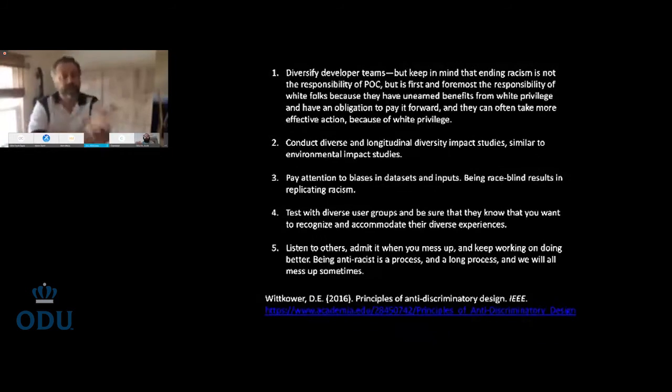Third, we can pay attention to biases in our data sets and our inputs. A lot of the problem here is that people just start out with a data set and say, yeah, we'll just put it through the math, and then the math will do the thing.